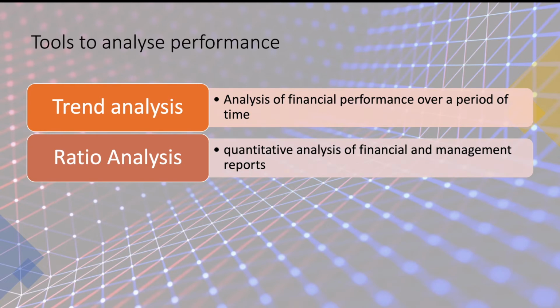The second tool is ratio analysis, the quantitative analysis of financial and management reports. Here we will also be discussing the benefits of ratio analysis. The benefits are that the data is readily available, and the ability to make comparisons, a couple of quantitative comparisons.